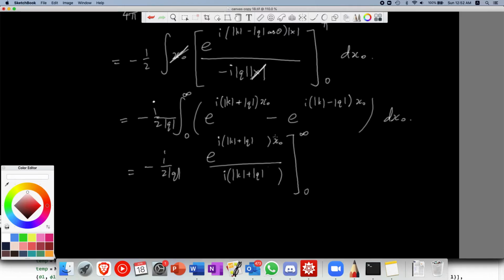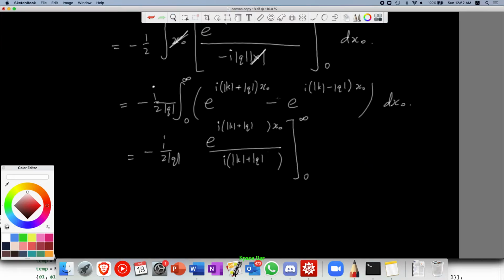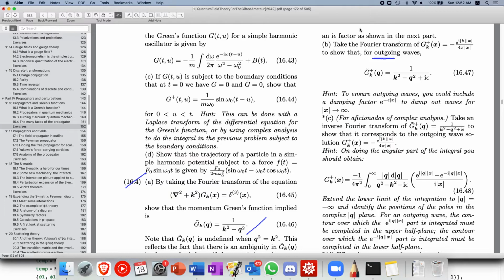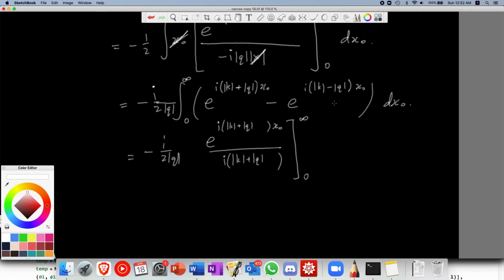So what we do to solve this is sort of a mathematical trick. I believe there is some rigor behind it, but the book itself tells us that, to ensure outgoing waves, you could include a damping factor e to the power of minus epsilon x to damp out the waves as x goes to infinity. So this is telling us to insert a plus i epsilon over here.